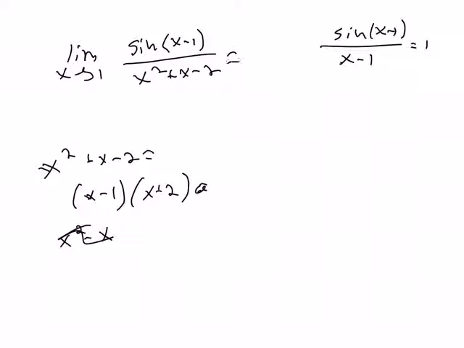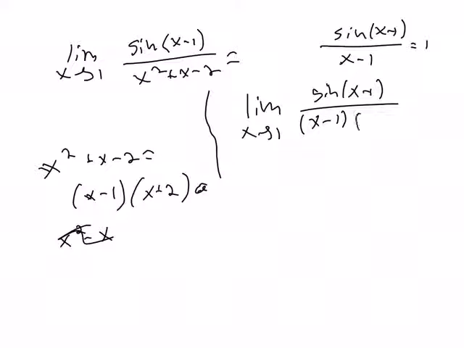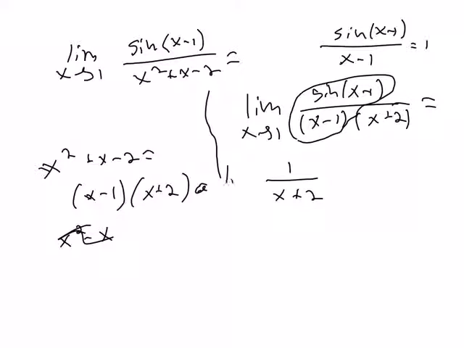So this is going to equal the limit as x goes to 1 of sine of x minus 1 over x minus 1 times x plus 2. In other words, this is going to be 1, because this is 1 over x plus 2, and we're taking our limit as x goes to 1, and this is now going to be a third.